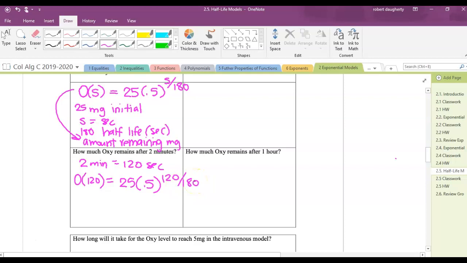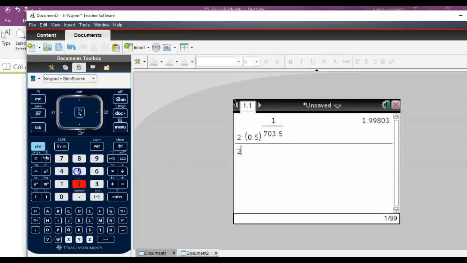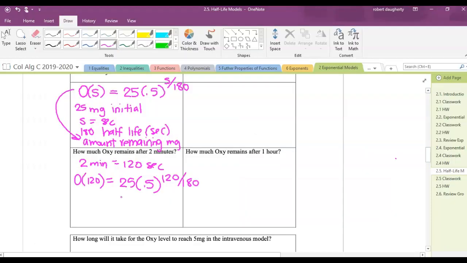So I'll go to my calculator. So 25 times 0.5 raised to the 120 divided by 180. And that is 15.749. So we've got 15.749 milligrams after, what was that, 2 minutes or 120 seconds.